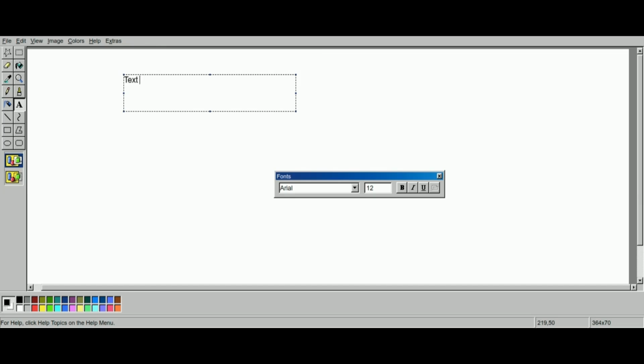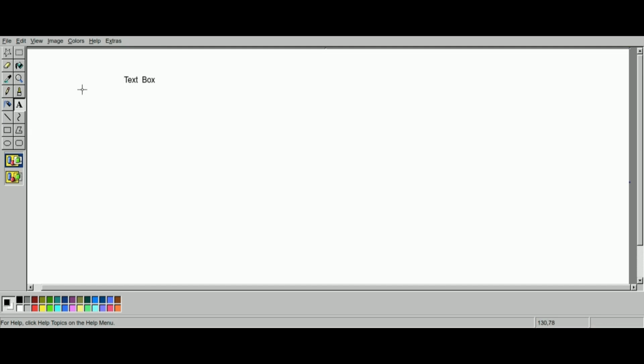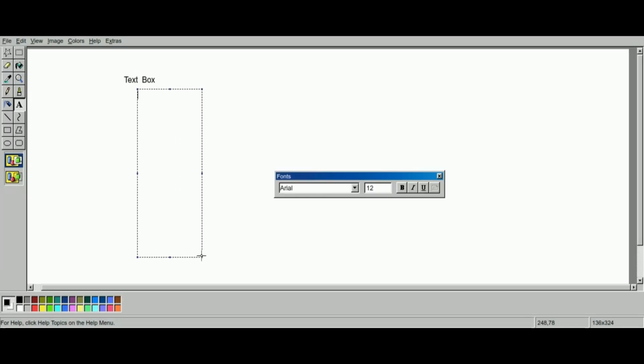This is the text box, and this text box accepts only numbers from 1 to 500. So this text box will allow any number from 1 to 500.